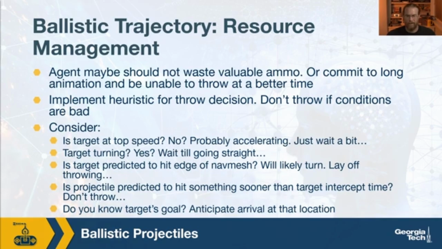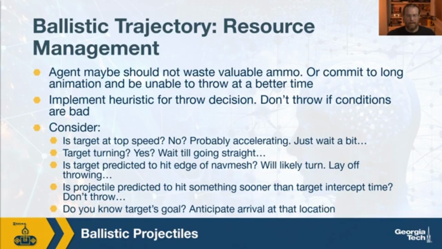It's usually very little in between, so that makes a good heuristic. If the target is turning, it's probably turning to a new heading. It's not going to just keep turning all the time. It's going to turn and then run straight at whatever the next thing is. So if it's turning, just hold off.